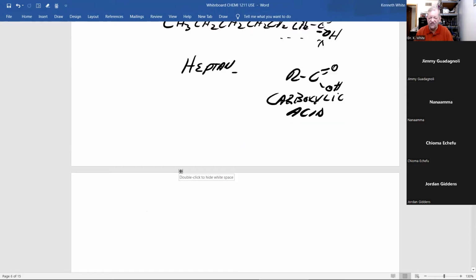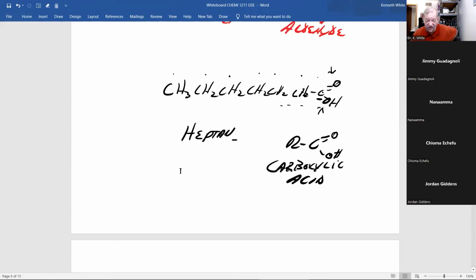So longest chain, 7 carbons, the only chain. Heptane, drop the E, add OIC and the word acid. Now the carbonyl carbon in a carboxylic acid is always number 1. Therefore, you don't need a number. I'm done. Heptanoic acid. Again, find the longest chain with the carbonyl carbon.